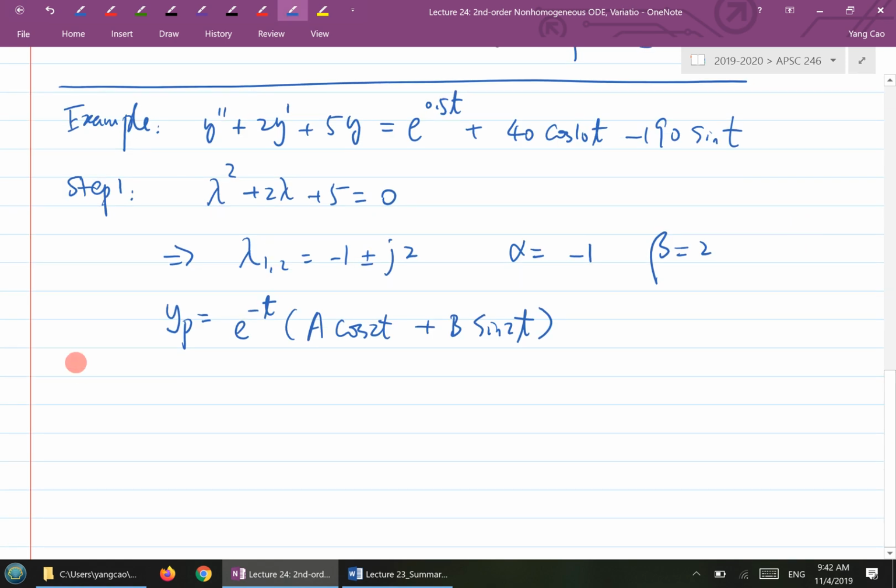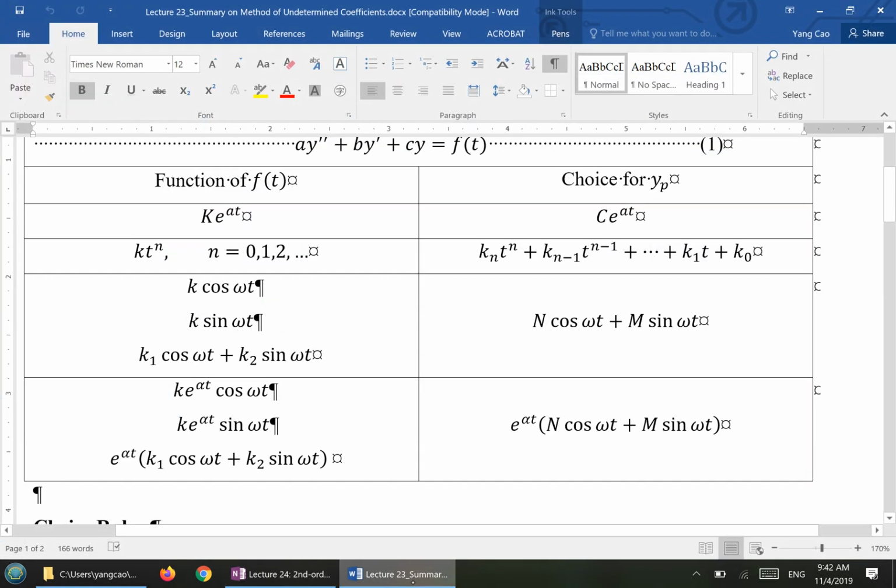And next, let's look at a particular solution, yp. When you have a yp, you look at the type of inputs on the right side. There's exponential, and there's also sinusoidal here. So if I go back to my table, when I have exponential, this is your type of yp.